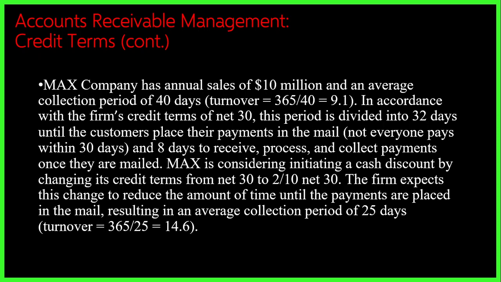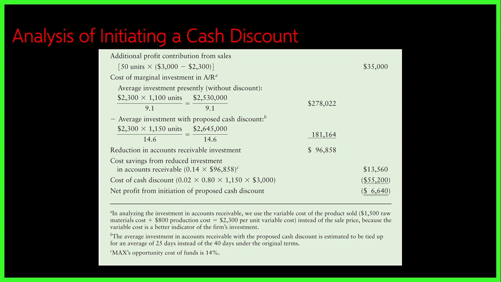So from 40 days, it's now 25 days. Which means if you have a shorter average collection period, it will have an effect on turnover, and this will also affect our average accounts receivable. Okay, so let's try to put that together. What will now be the things that you have to consider?